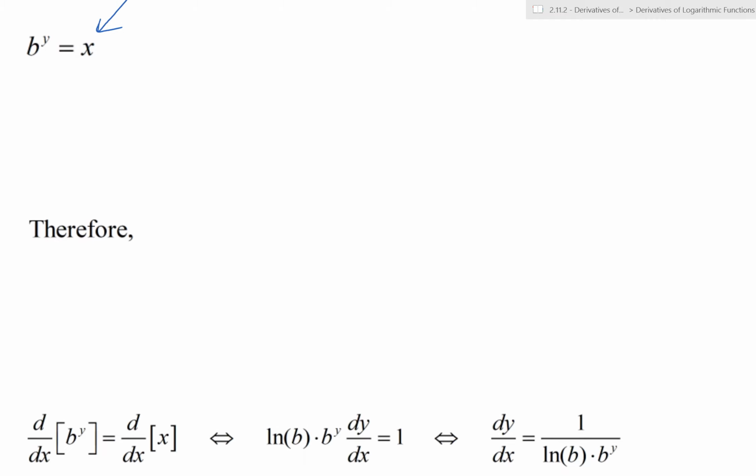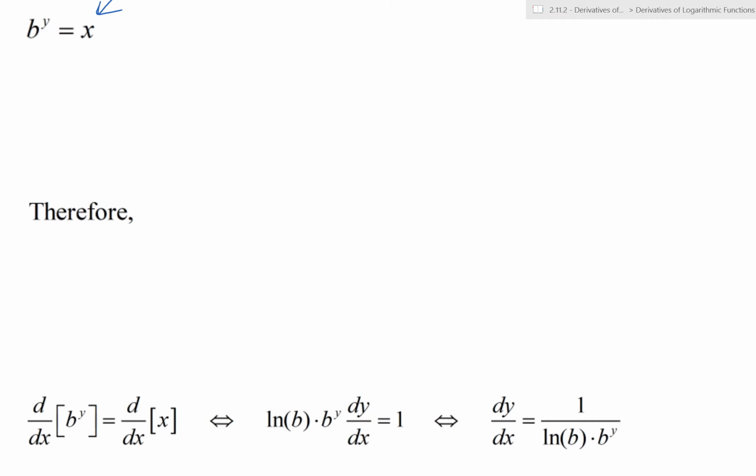So b to the y is x. What are we going to do? We're going to implicitly differentiate both sides of that equation. I'm going to take the derivative of b to the y with respect to x, and that's going to be equal to the derivative of x with respect to x.